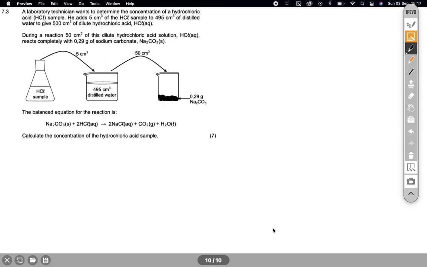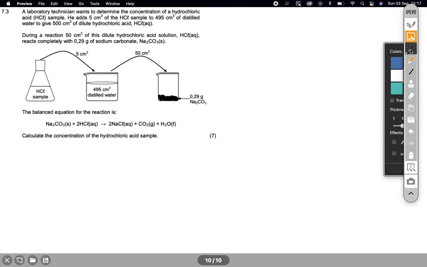During a reaction, 50 centimeters cubed of this dilute HCl reacts completely with 0.29 grams of sodium carbonate. Okay, and the balanced equation is given. And we are asked to calculate the concentration of the hydrochloric acid sample.